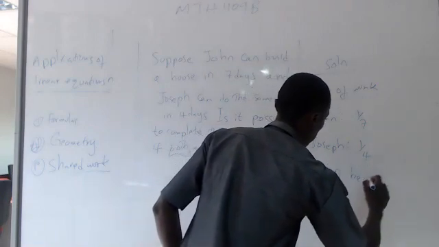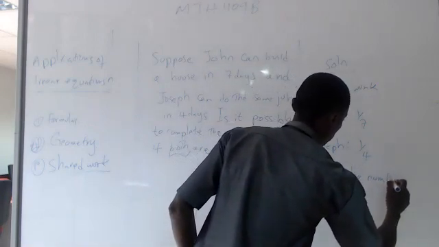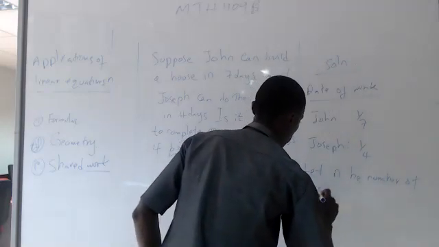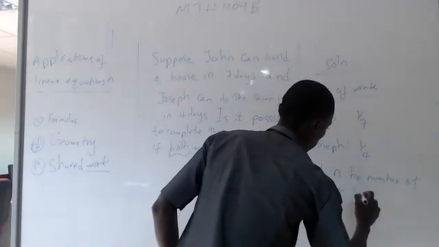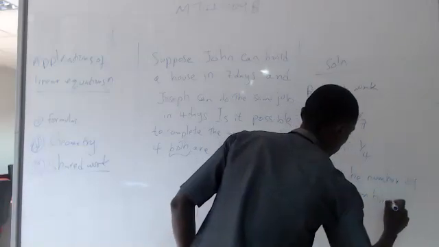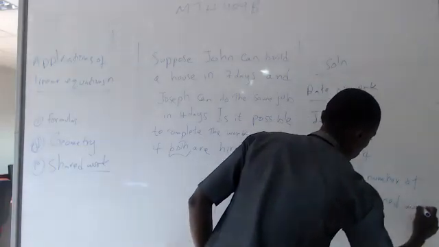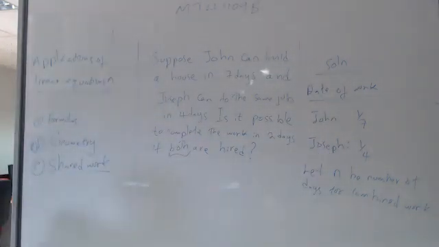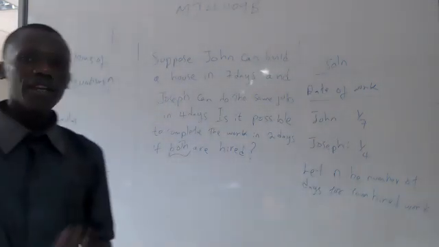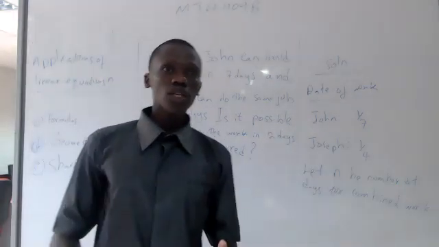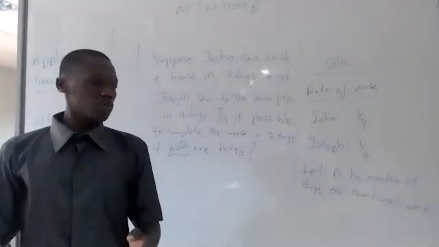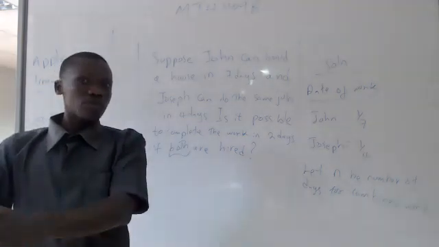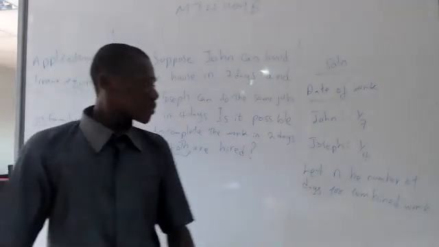Now let n be the number of days for combined work. Suppose John and Joseph will take n days. We do not know what n is, but it is going to be some positive integer or real number.